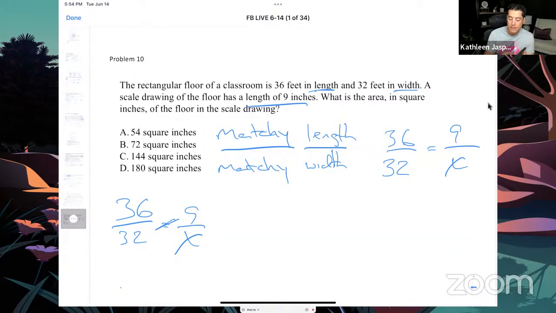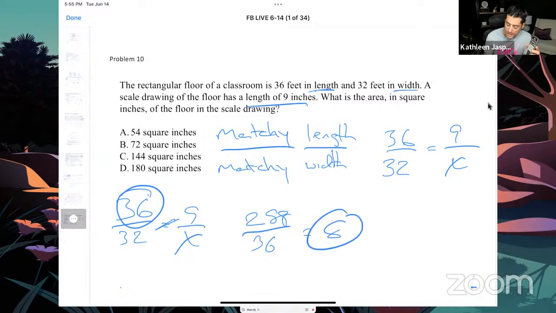You do 9 times 32 in your calculator and you get 288. 288 is still in your calculator, and the only number left is 36. So hit divide 36 and you get 8. So I've got 8 as my width.